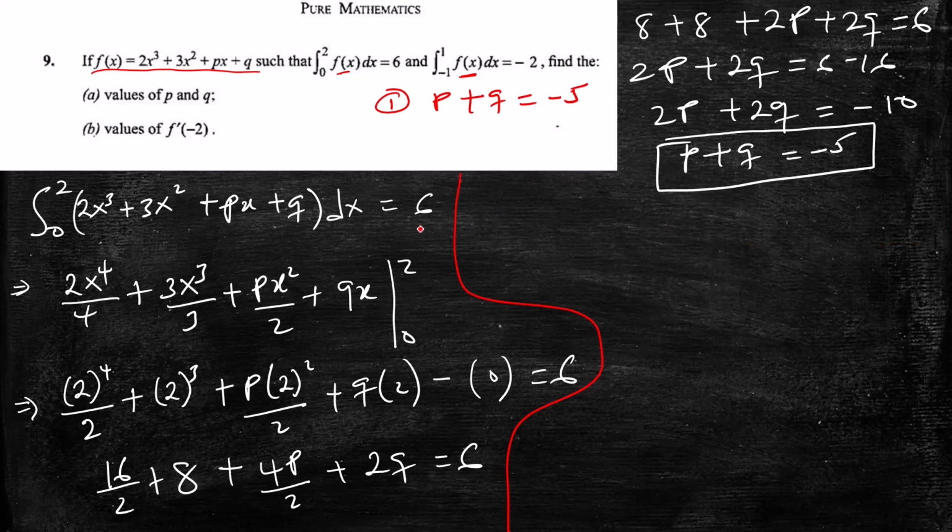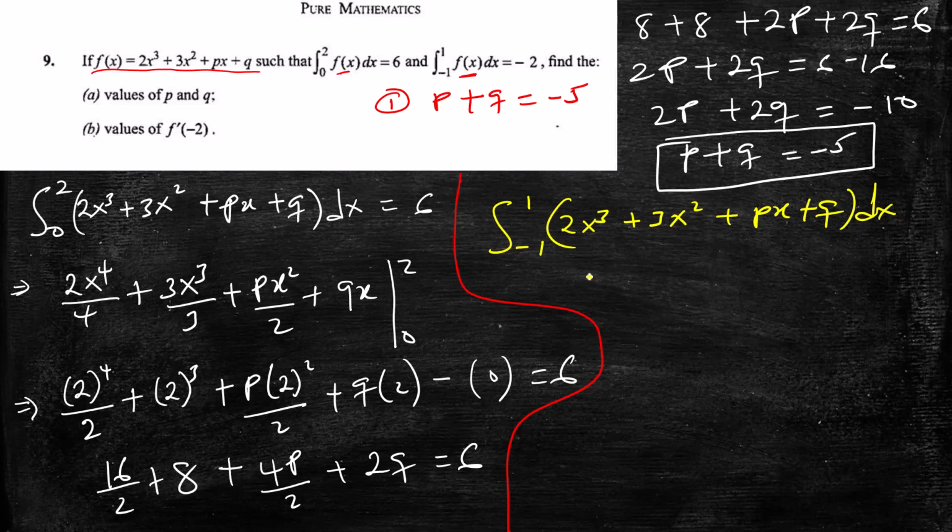All right, let's look at the other one. The other one is very simple. So let me clean this side and start from here. This time we have from -1 to 1 of the same thing, 2x cubed plus 3x squared plus px plus q, dx.